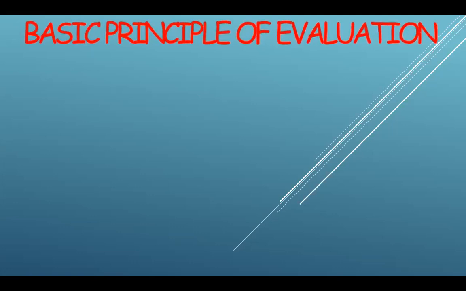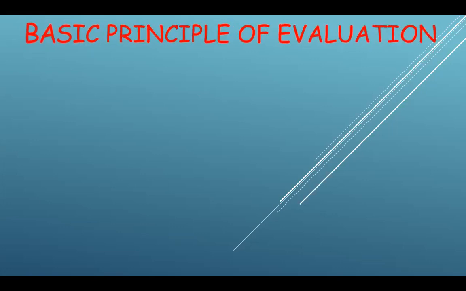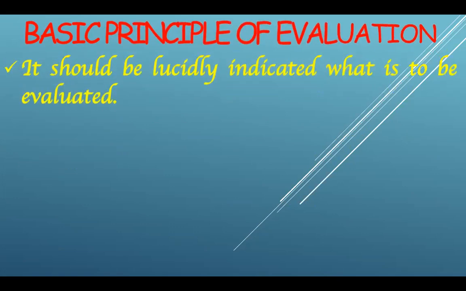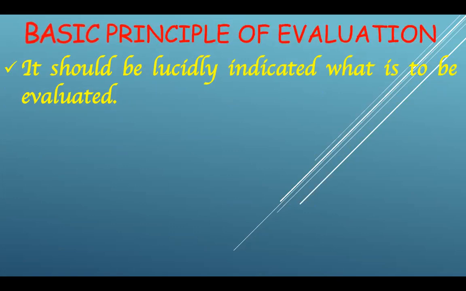There are some basic principles to make the evaluation process an effective one. They are: it should be lucidly indicated what is to be evaluated. Teachers should have a well defined purpose of evaluation.